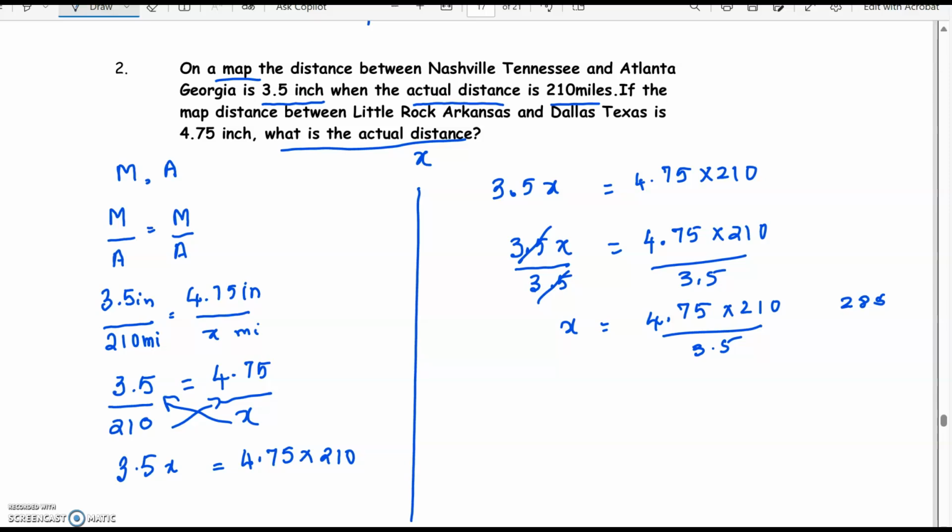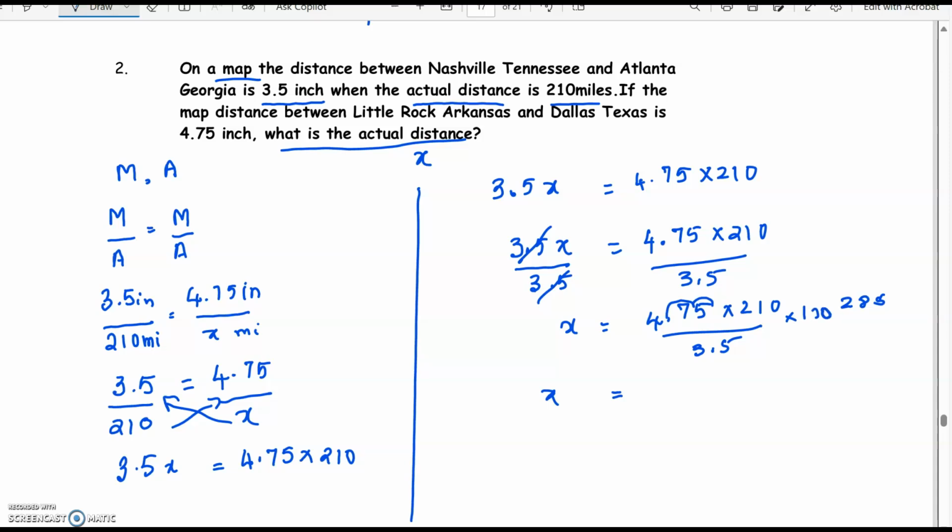Now remember, there's one decimal place in the denominator and two decimal places in the numerator. And we're comfortable working with whole numbers. So I'm going to get rid of the decimal place values in both the numerator and the denominator. In the numerator, I have to shift two decimal places, for which I have to multiply by 100.